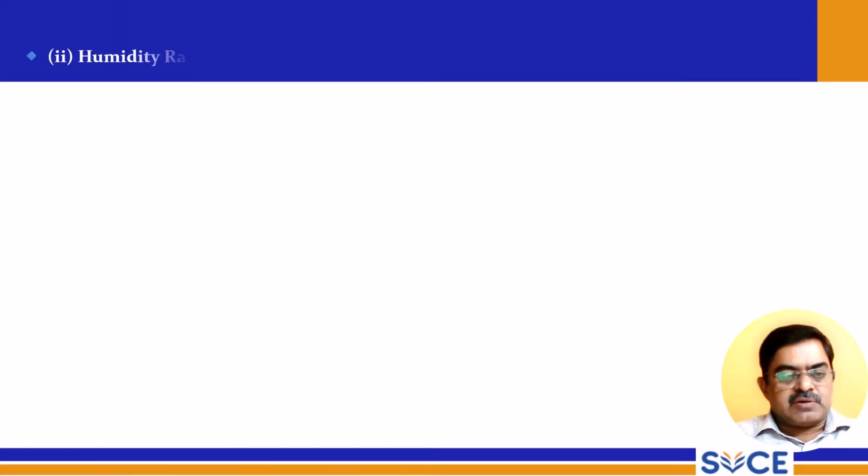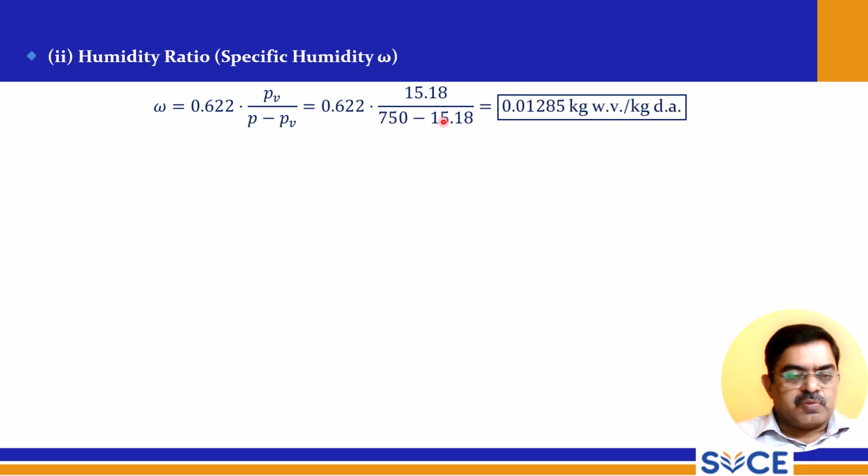Next one, humidity ratio. Specific humidity or humidity ratio are one and the same. Already we have seen this, and now we can find omega. Omega equal to 0.622 into PV by (P minus PV). By substituting PV and P, we are getting 0.1285 kg of water vapor per kg of dry air.